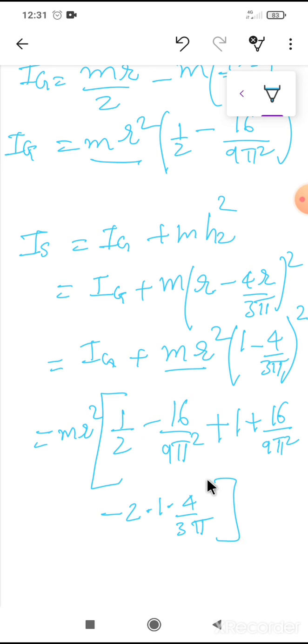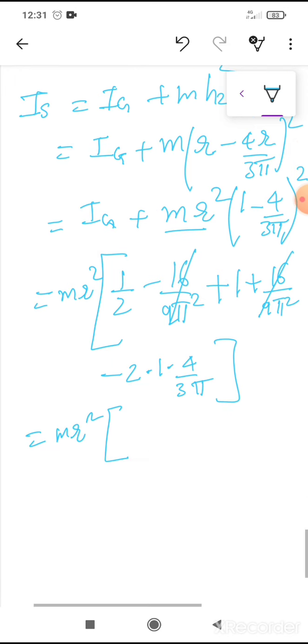Here the 16 by 9 pi square will get cancelled, and what we are left with is mr square into 1 by 2 plus 1, so it will be 3 by 2, minus 8 by 3 pi.